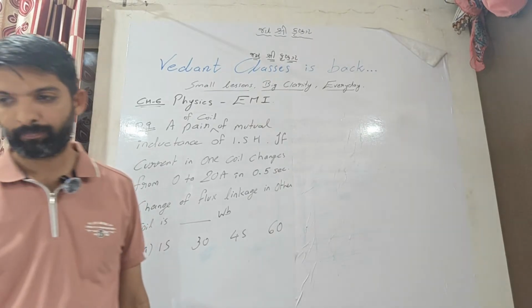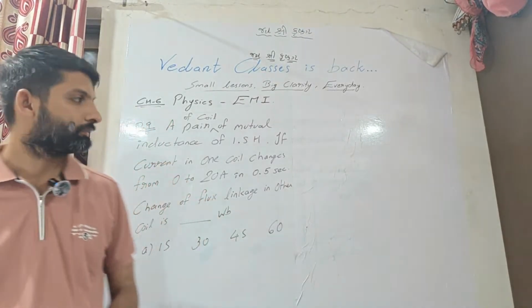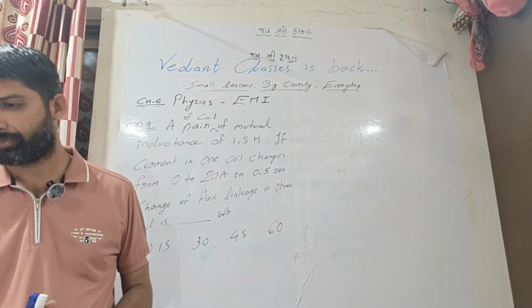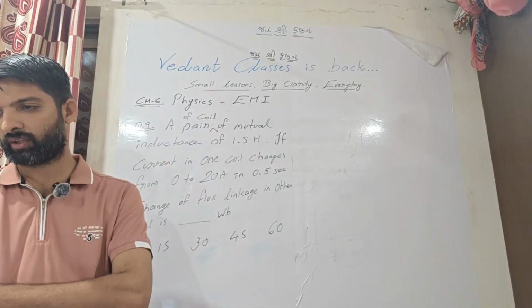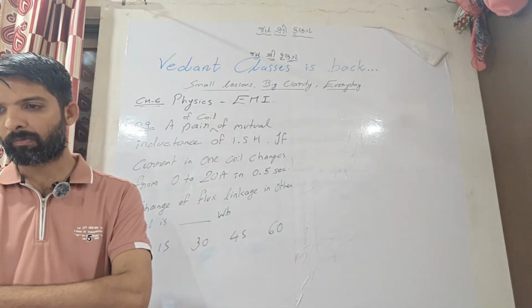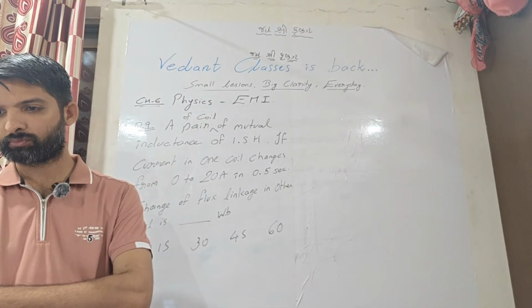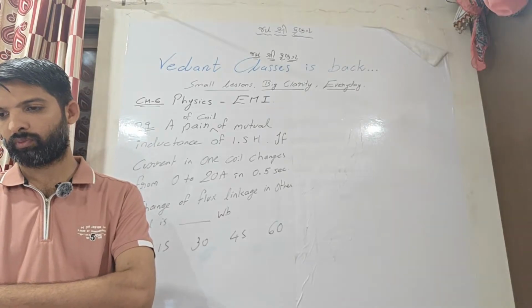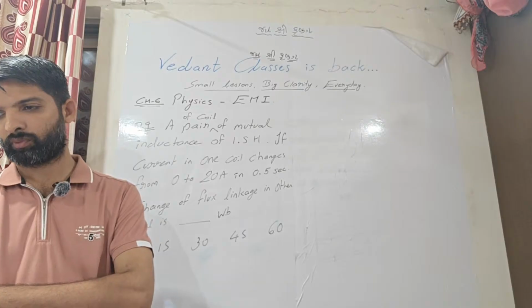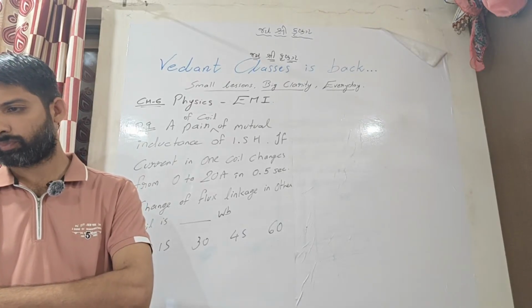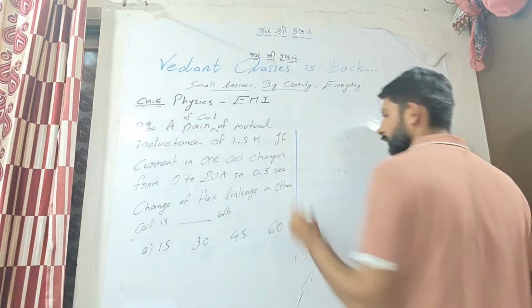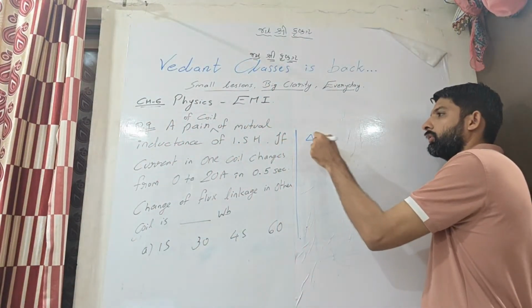Okay, option B, 30 Weber. Okay, option B again. What is the formula to change the flux?